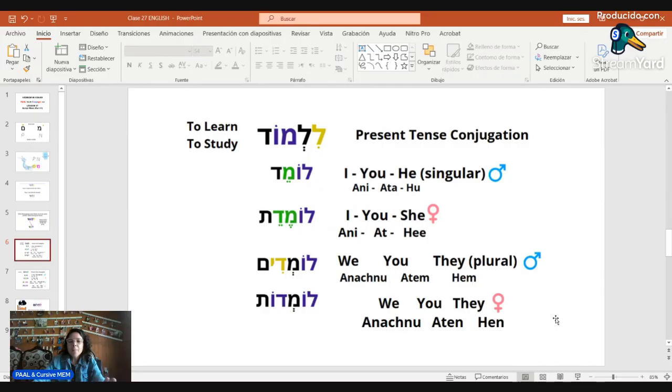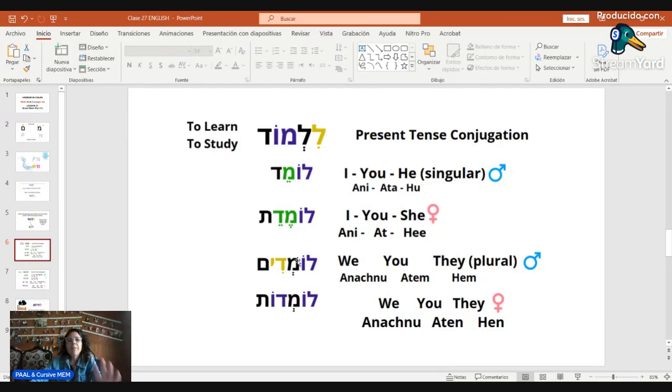We are learning the verb lilmod, to learn or to study. So we'll do present tense conjugation, and it's really simple in the present. The first two are singular, and the third and fourth are plural.